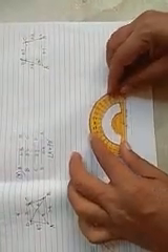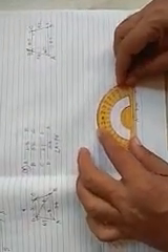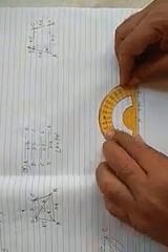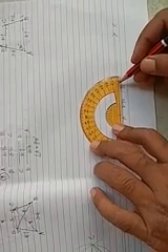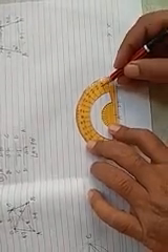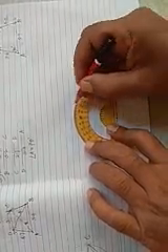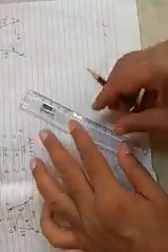Now draw an angle 70 degree at the point A. So by using protractor we draw this angle 70 degree. So this is the initial line. So count the angle with 0, 10, 20, 30, 40, 50, 60, 70.